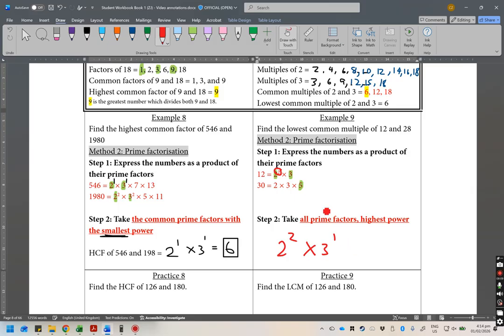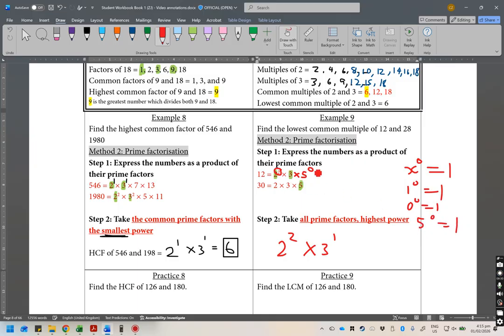For 3, both are to the power of 1, so I'll take 1. And then 5. You can see 12 as having a prime factor 5 to the power of 0 here, because anything to the power of 0 is 1. 5 to the power of 0 is 1.